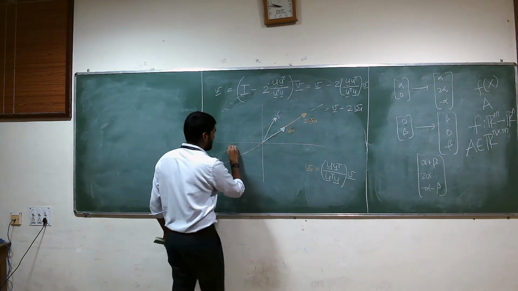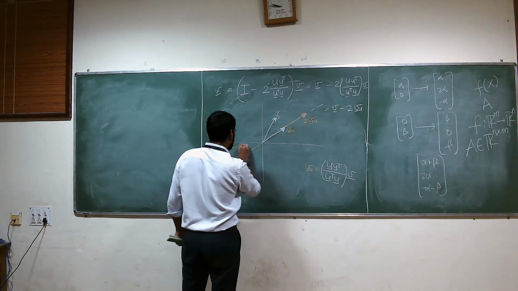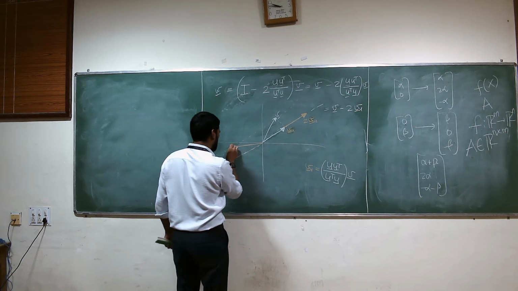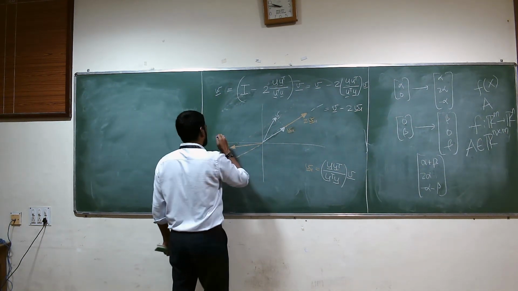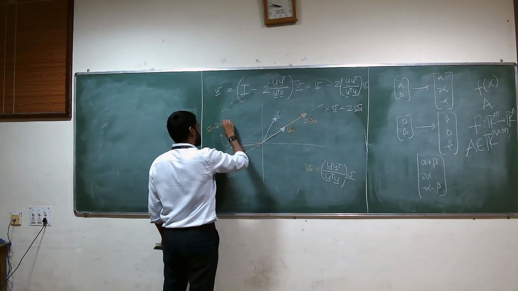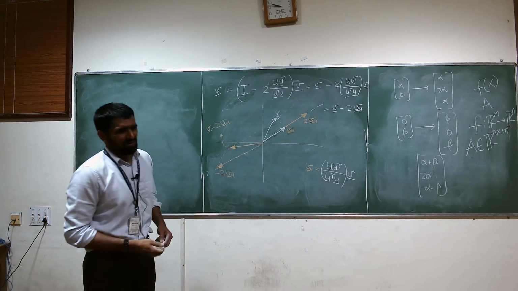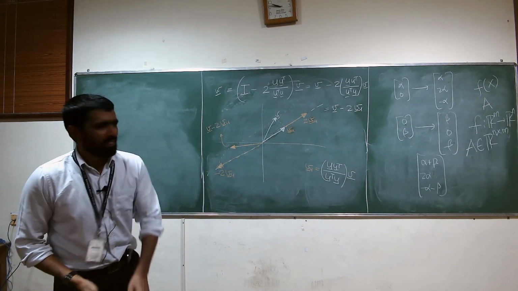So the vector, I'm going to roughly draw. This will be my v minus 2 times. What do you think is happening geometrically, roughly?